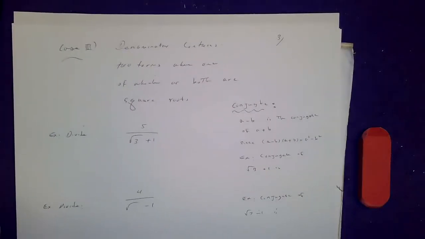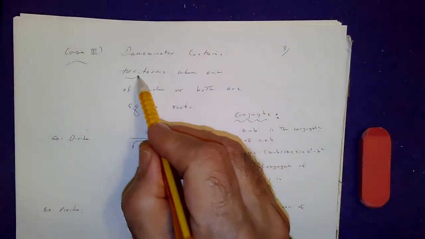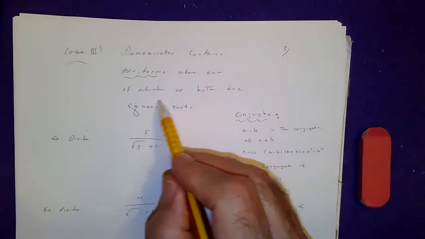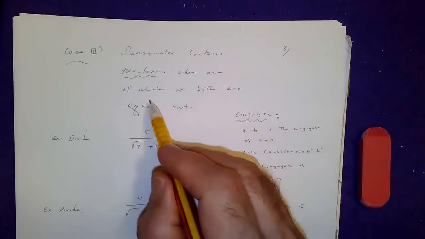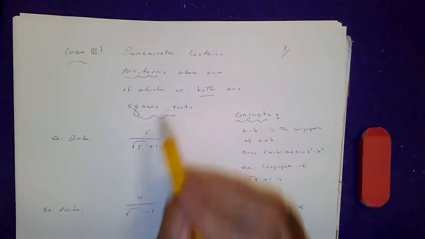Finally, we got case 3. Case 3 is when the denominator contains 2 terms, one of which or both are square roots.